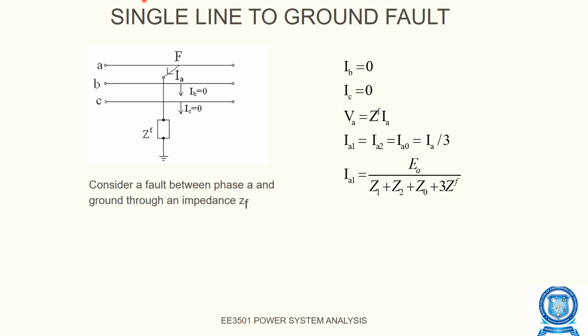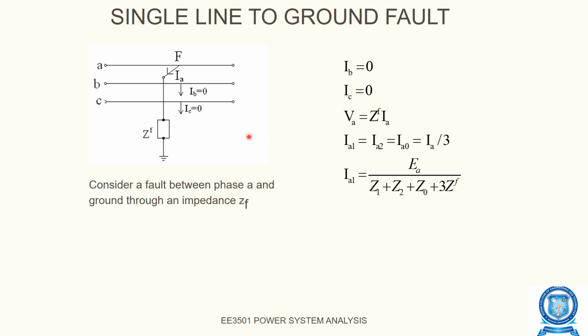Now the fault current is nothing but the current IA. IA is the fault current IF. Here IB is equal to 0 and IC is also equal to 0, and VA is equal to ZF IA, because you need to consider the fault impedance ZF into IA. V is equal to IZ, isn't it? That is the formula.